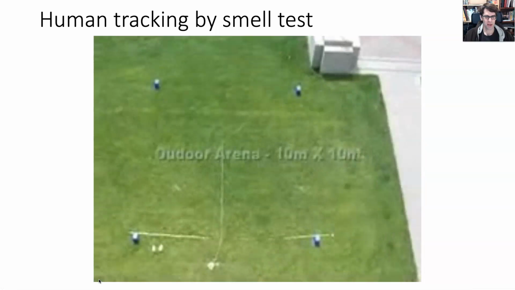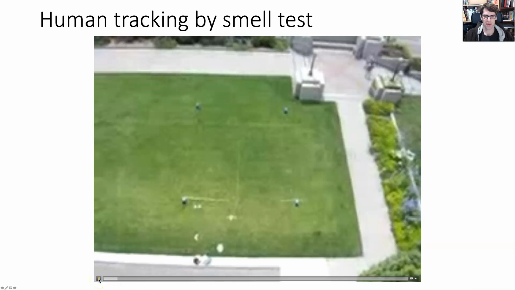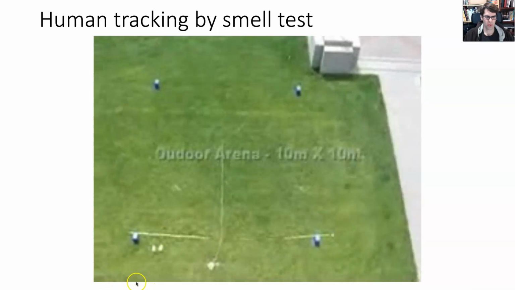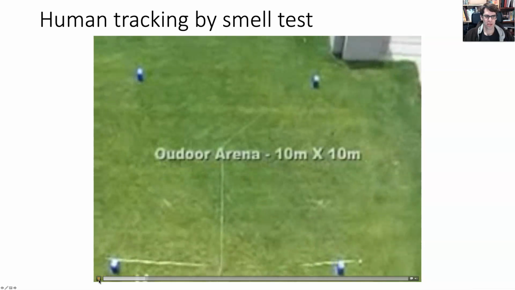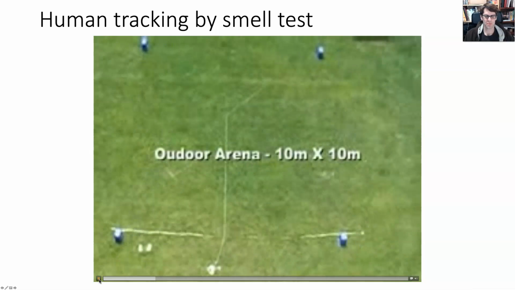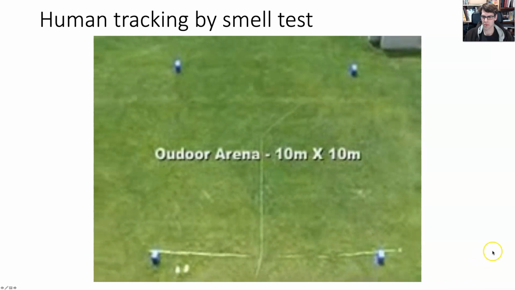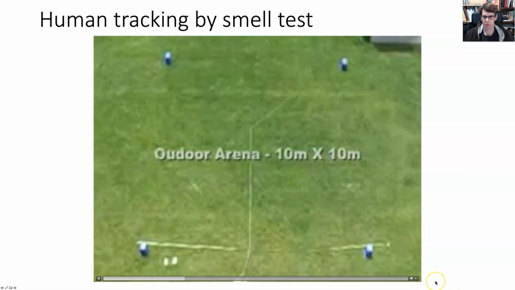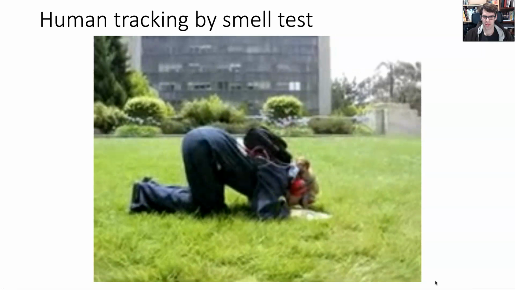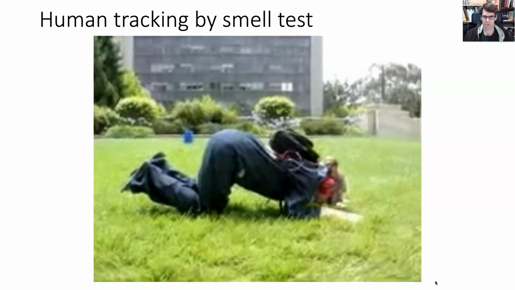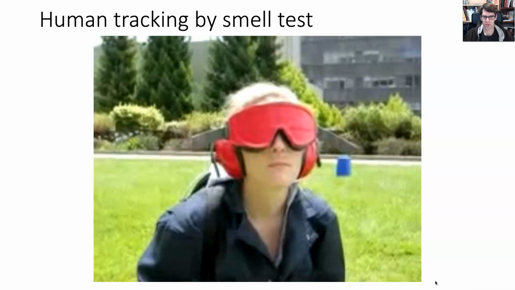The scent tracking arena is shown from above. The arena is 10. The scent tracking arena is shown from above. The arena is 10 meters on a side with a 10-meter. So I'm going to let them talk. For this demonstration, the trail is made of highly visible rope. During the actual experiment, the trail is not easily visible. The trail is composed of 2 straight segments connected by a 45-degree angle. The subject is outfitted with goggles, earmuffs, gloves, and knee pads to block non-olfactory input. The subject wears a data logging device in a backpack to record their sniffing.